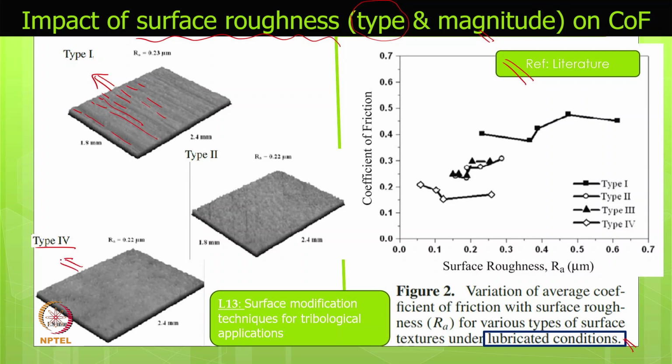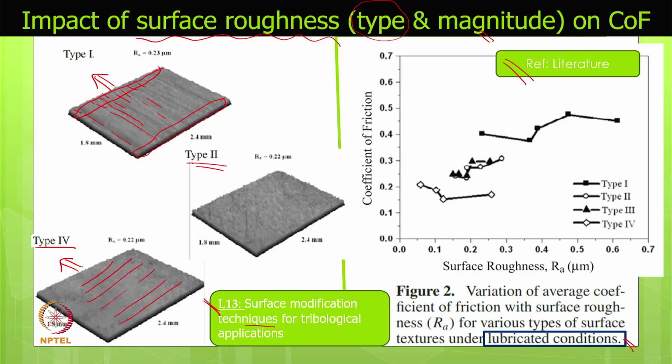If the sliding direction is this, there is a possibility of the groove being in the perpendicular direction. In this situation I can do a good design, a good surface design, and we can block these slots. Of course we need to design, and those things will be discussed in lecture 13, surface modification techniques, which are really important for tribological applications.